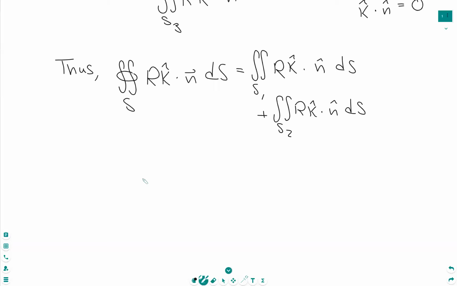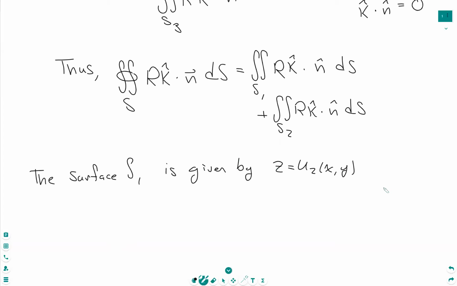Okay, so the surface S1 is given by z equals U2 of x and y, which means that we can write G as z minus U2 of x, y is equal to 0.